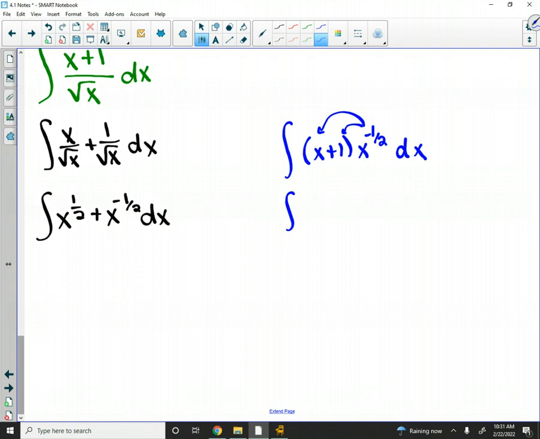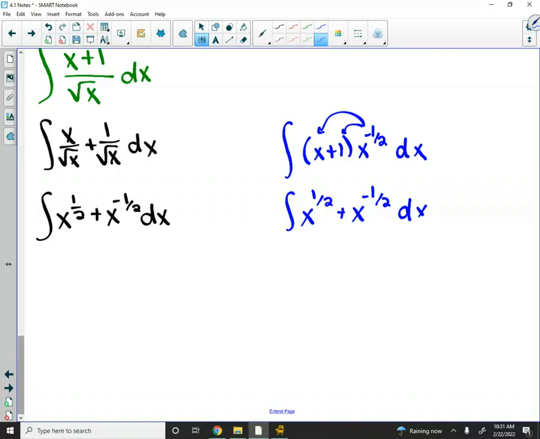So x to the first and x to the negative 1/2, you add their powers. So 1 minus 1/2 is x to the 1/2. And then 1 times x to the negative 1/2. And then we are in a matching spot. So it's kind of like whatever you feel more comfortable doing for the middle step. Divide each of them by the denominator or bump it up and distribute. But they'll both get you to the right spot.